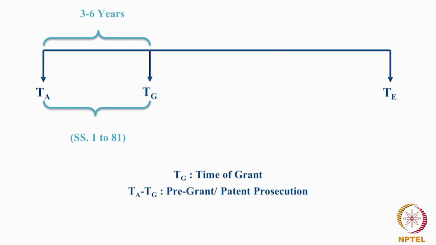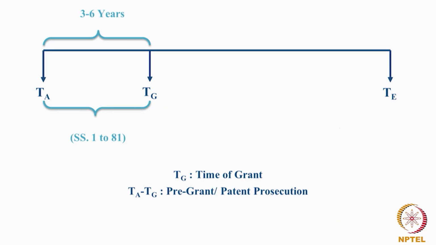A patent normally takes on an average 3 to 6 years to get granted. So, from the day you apply for the patent, that is from TA up until TG, that is the time of grant, you have roughly, and this is not set in stone, it varies from application to application, and it could also vary from patent office to patent office.